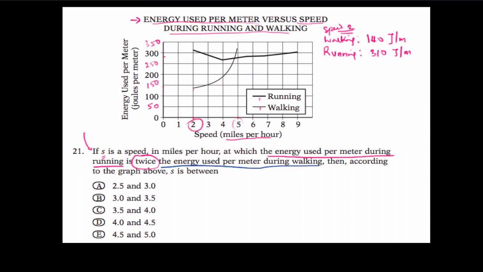So the energy used per meter during running is twice the energy used per meter during walking.